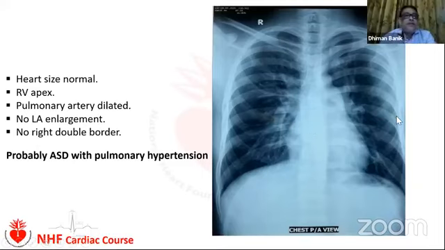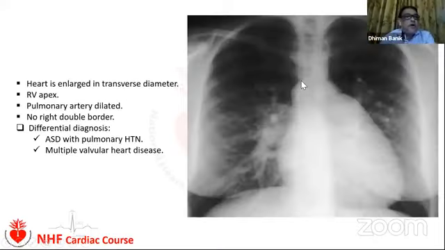This is also a chest radiograph where there is RV apex, acute angle, and the pulmonary conus is full, and there is straightening of the left heart border, but there is no double contour of the right border, and the pulmonary knuckle is small.